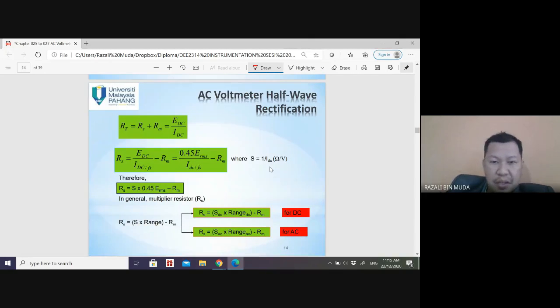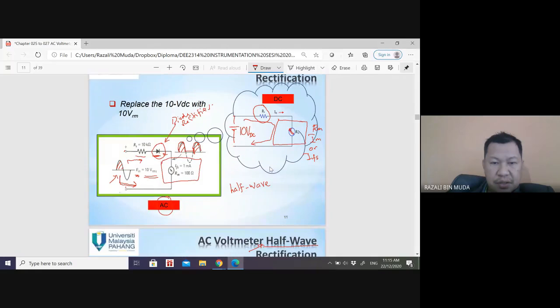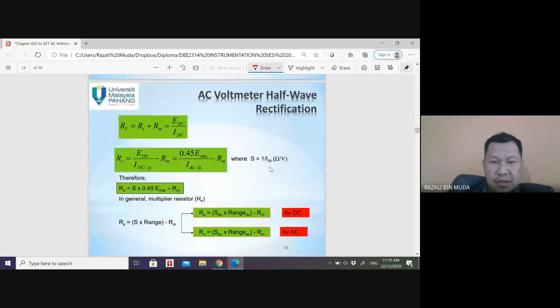So from this circuit, you can see it has RS, a diode, and the meter movement. Here we have RM, there is RS. This is the current I, and this is EDC.